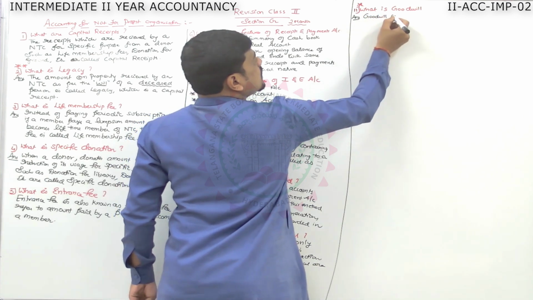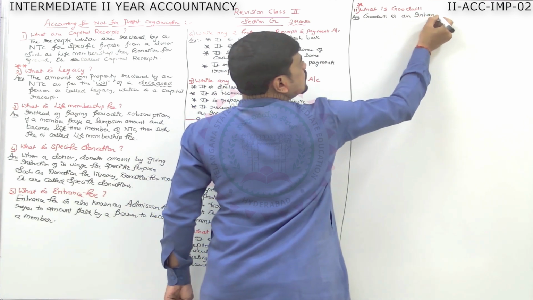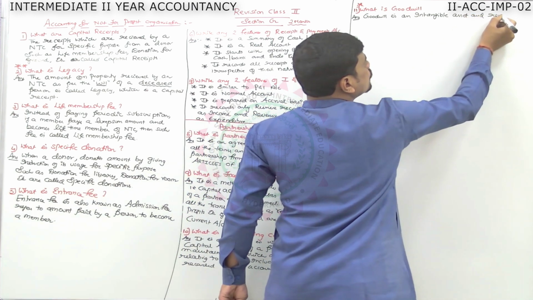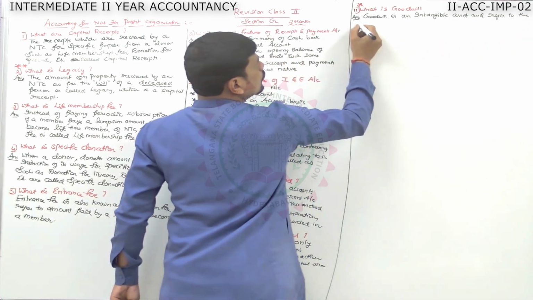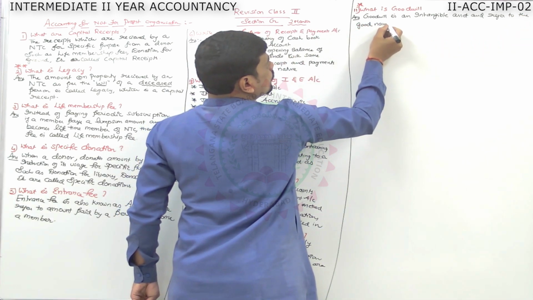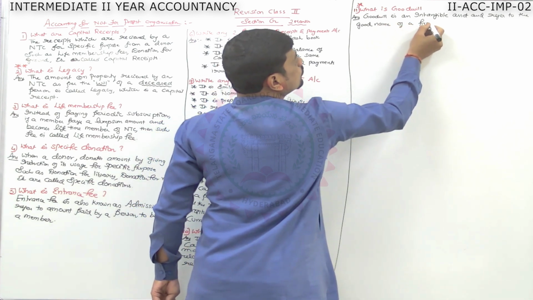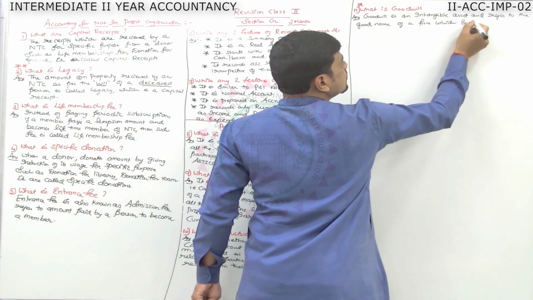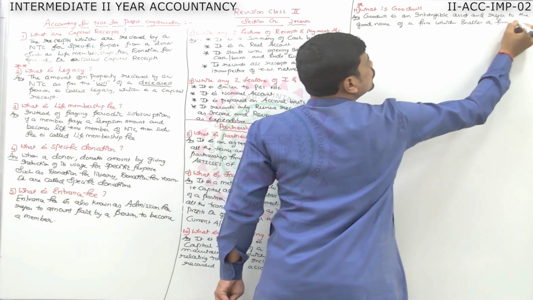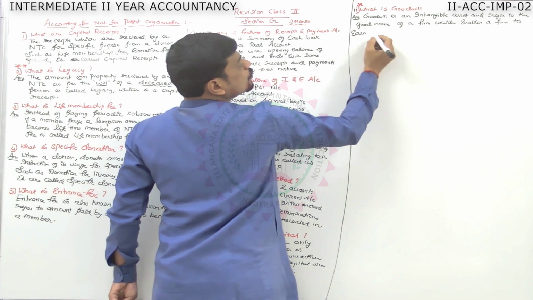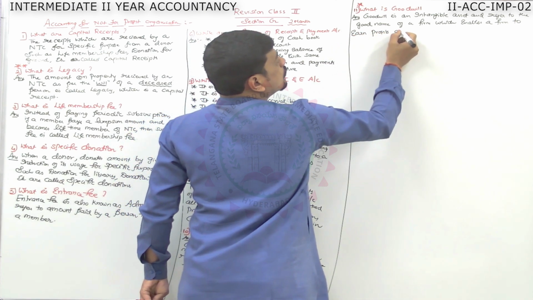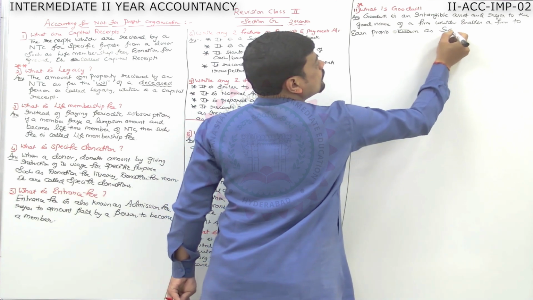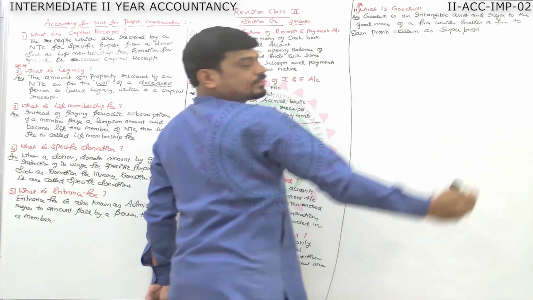Goodwill is an intangible asset and refers to the good name of a firm which enables a firm to earn profits known as which profit? Super profit. That's it.